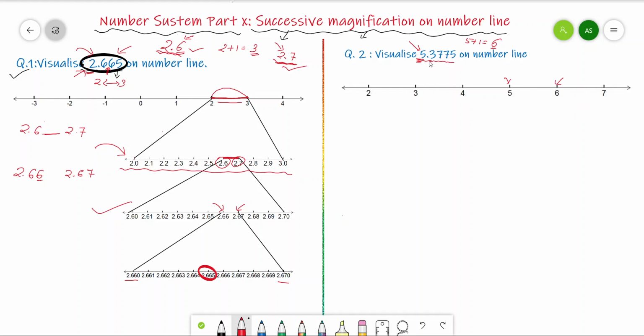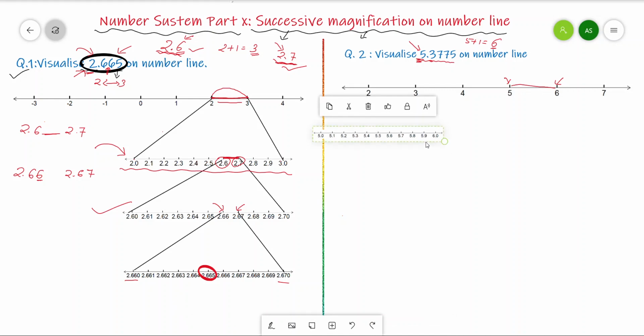The next part is 3. So that means the number is lying between 5 and 6. So we will magnify the region between 5 and 6. So this is how it will look when we magnify the region between 5 and 6.